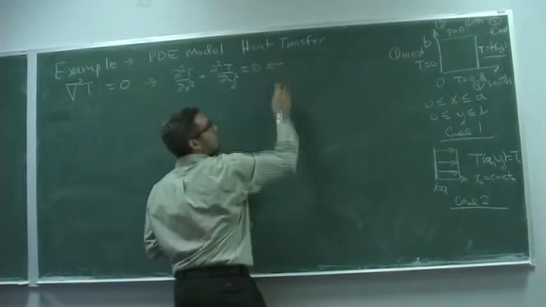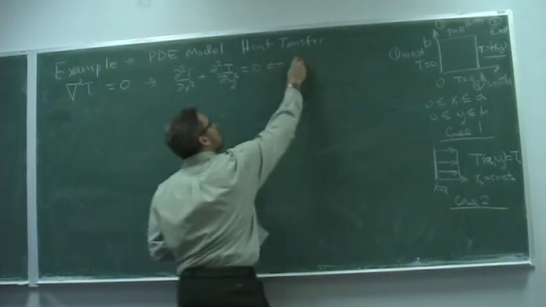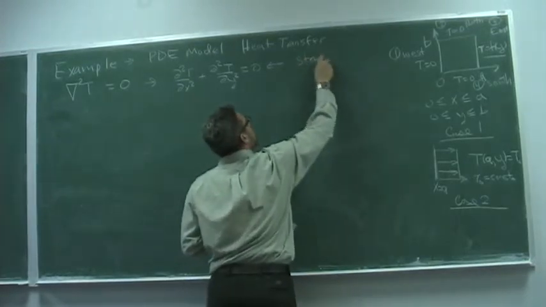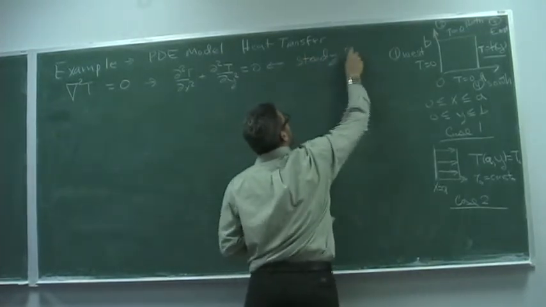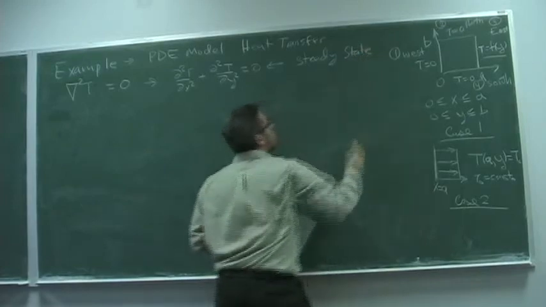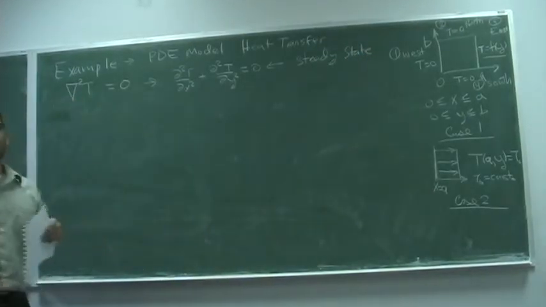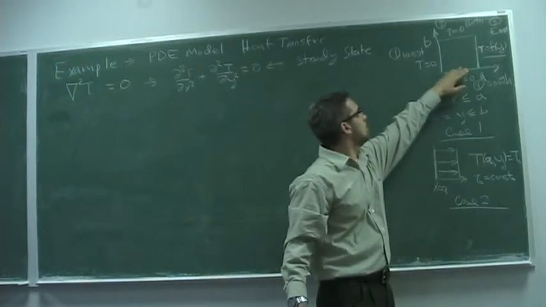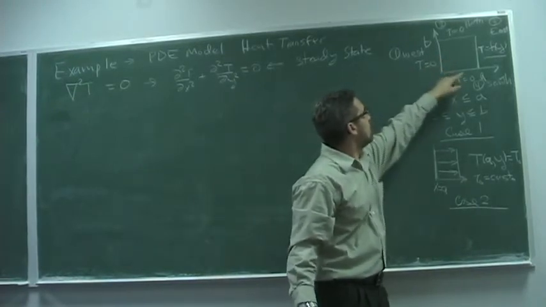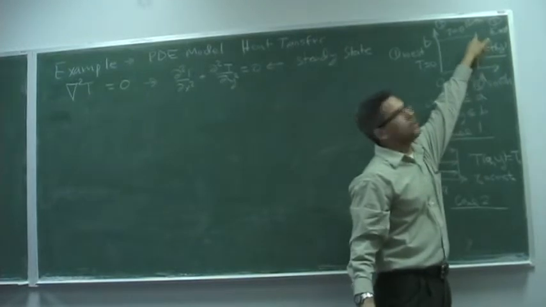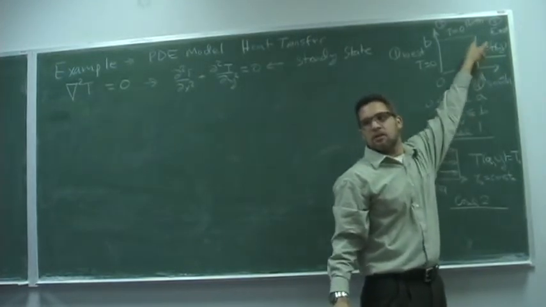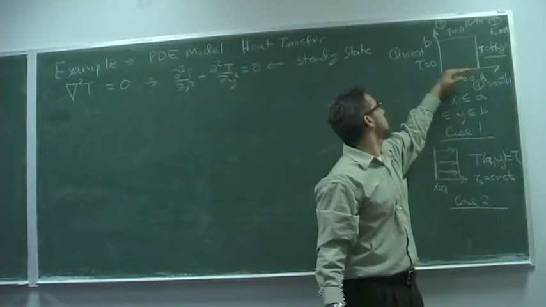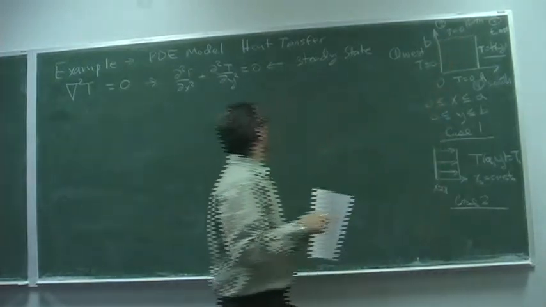This 0 means it's a steady state problem, so there's no instantaneous changes of temperature on the boundaries. Over here we've got a temperature that's a function of position along this y-axis, which is known, and then these are actually 0. Okay, so here we go.